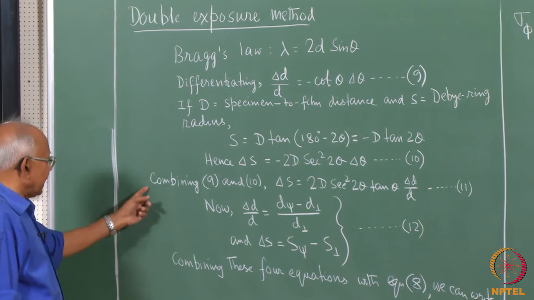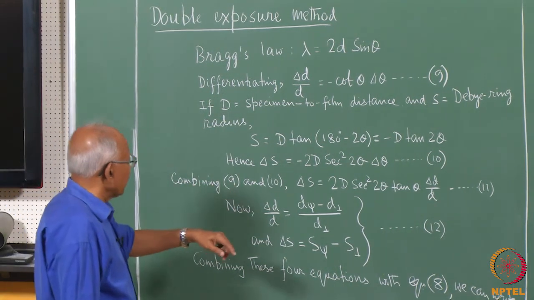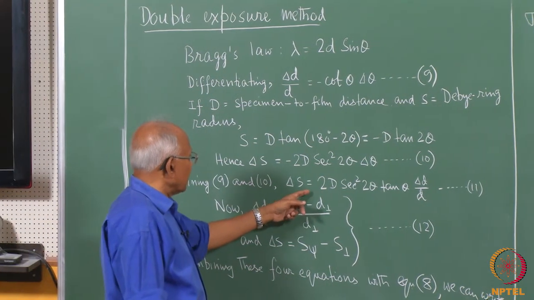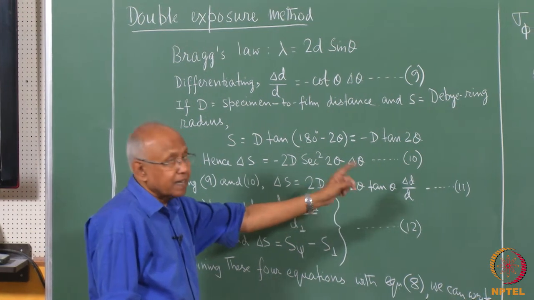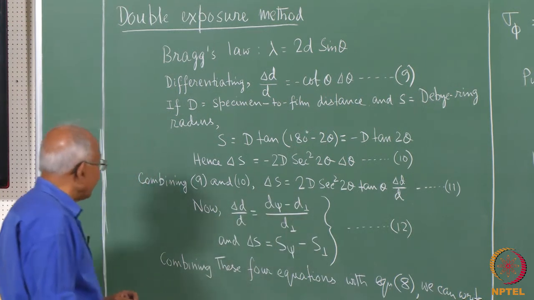Now, if we combine equations 9 and 10, then delta s is equal to 2d sec square 2 theta tan theta delta d by d. This is our equation 11.